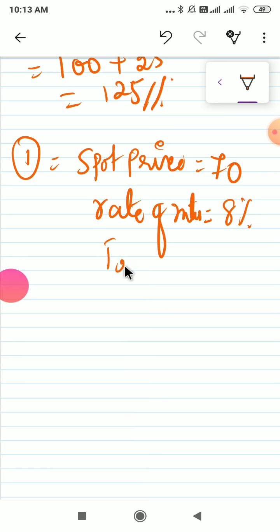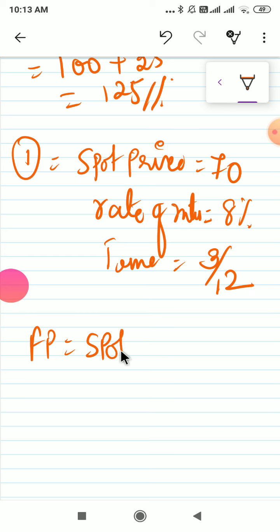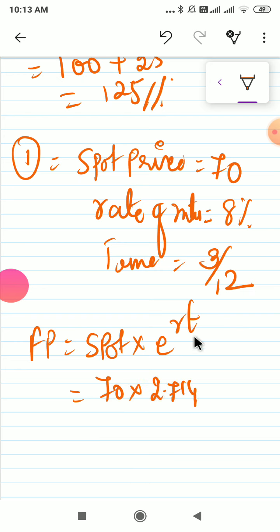Time is 3 by 12. The forward price is equal to the spot price multiplied by e to the RT. So the spot price is 70, e is equal to 2.714, raised to the power of R, which is 8%, that is 0.08, multiplied by 3 by 12, which is 1 by 4, that is 0.25.